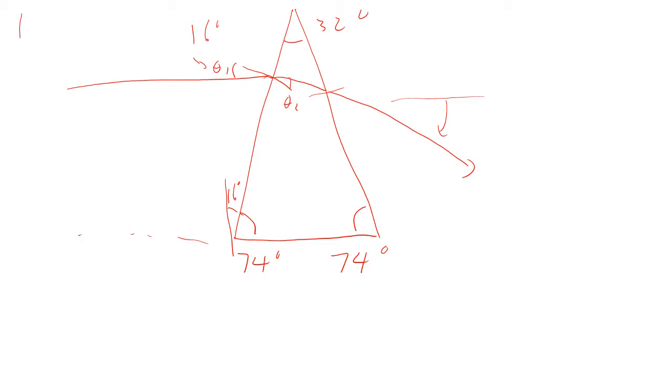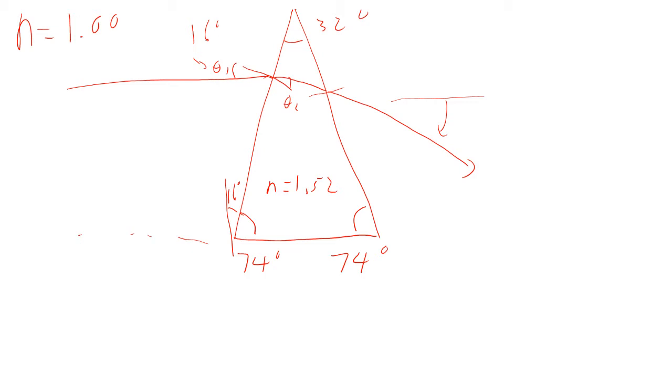Now all we got to do is find theta 2, and what we need to know is index of refraction. So let's say the index of refraction outside is 1, so it's going to be air. Index of refraction of air is just slightly bigger than 1. It's 1.0003. But that's going to be 1, to the number of significant figures that we typically worry about. Index of refraction here, let's say it's glass, 1.52.